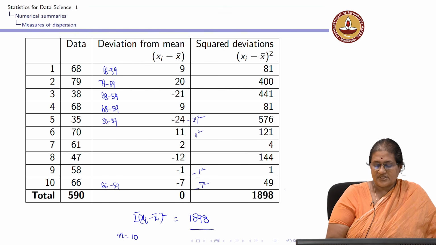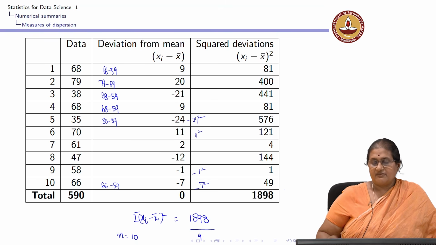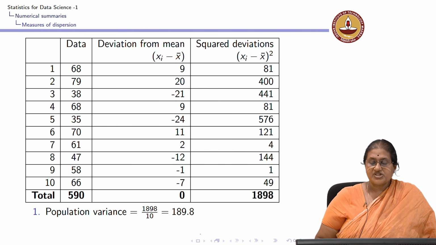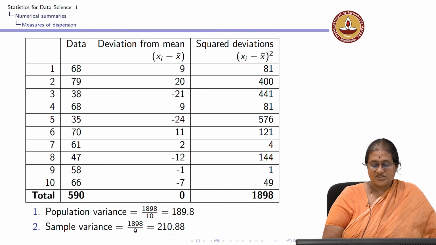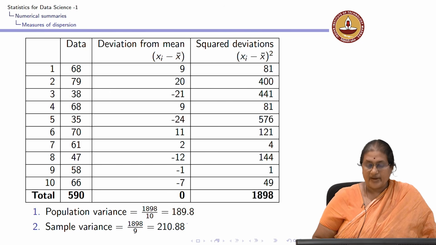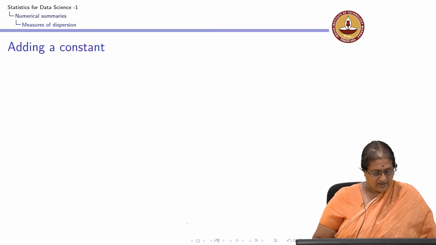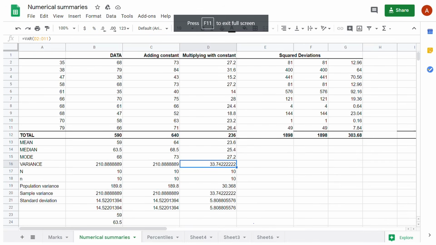To compute the sample variance, I divide by 10 minus 1, which is 9. You can see that my population variance is 189.8, whereas my sample variance is 210.88.